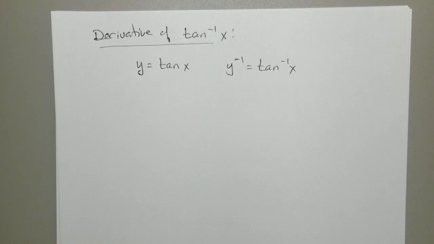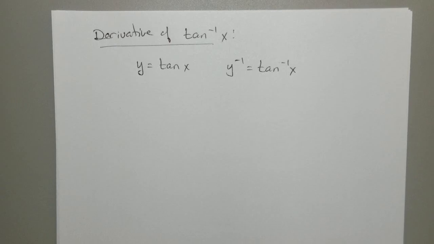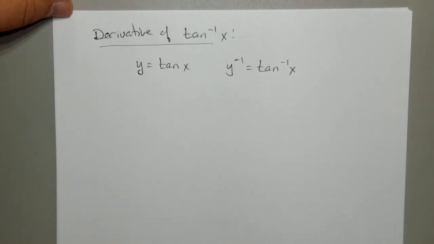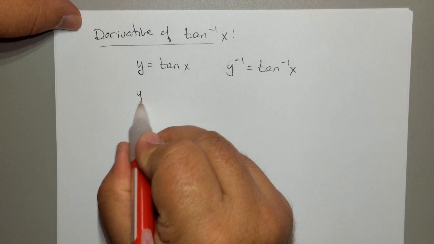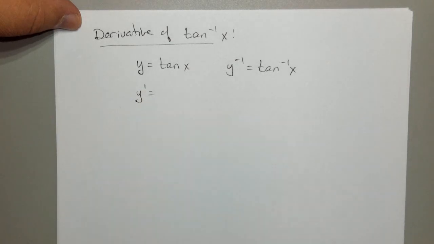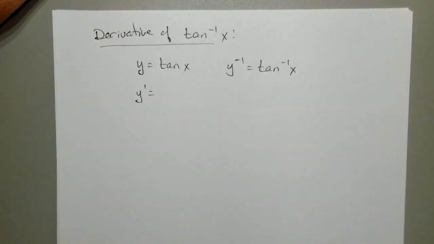Y equals tangent of x. The inverse of y is the inverse of tangent x. If you don't remember, then you have to use the quotient rule to figure out the derivative of tangent.